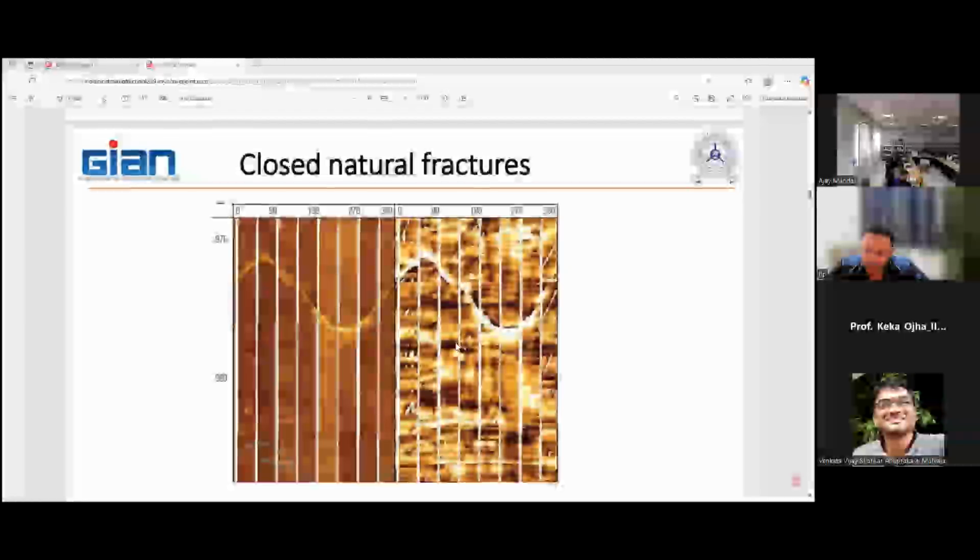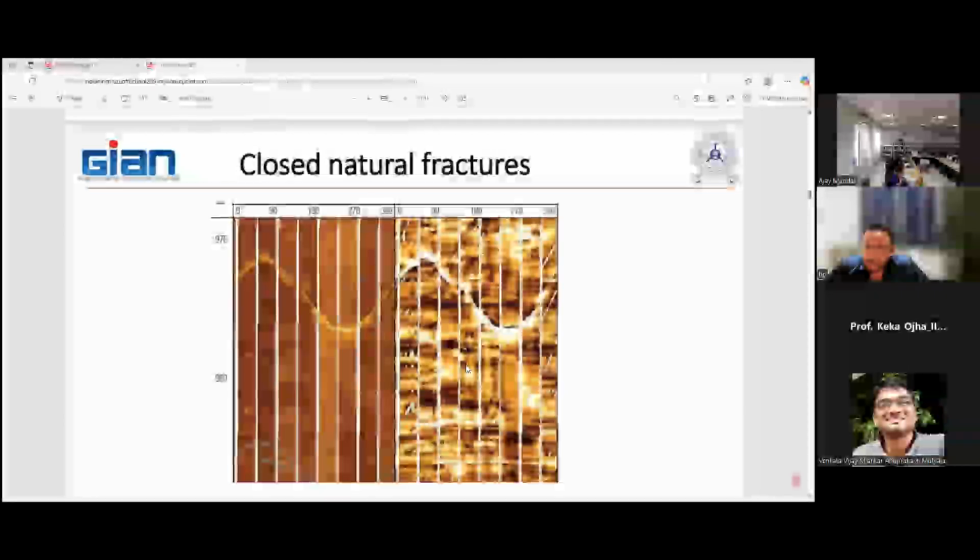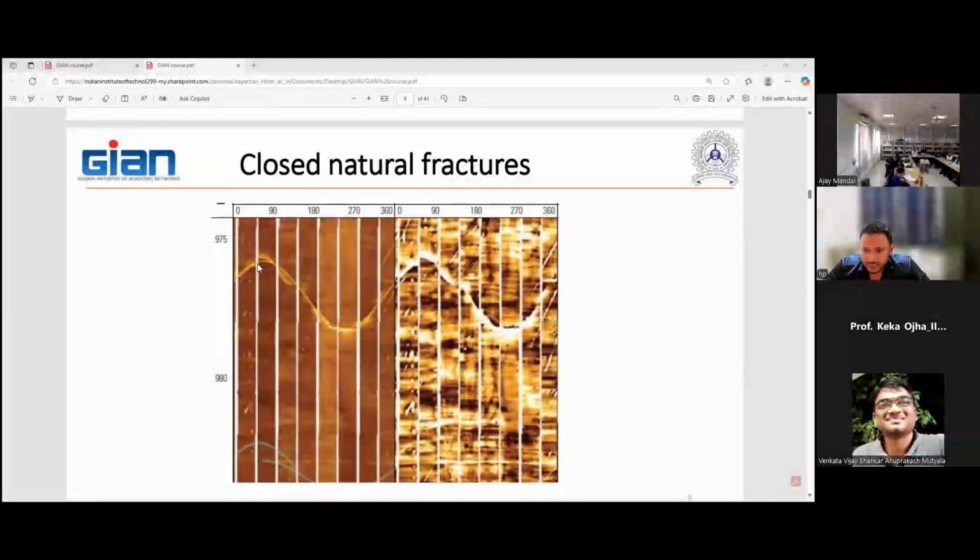You can change your image settings in a zone, so you can get different colors. In this one the beddings are more clear, in this case the bedding is not that clear. But the natural fracture that we are focusing on has a higher resistivity, which indicates that there is cement in this fracture, completely cemented.